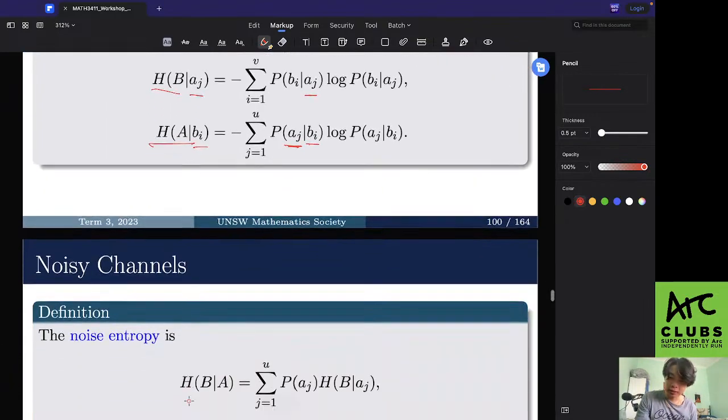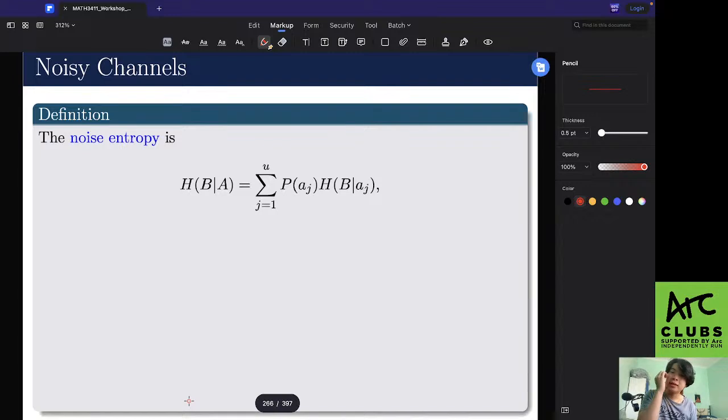And we can use this to find the noise entropy. You can think of it like the entropy of the output given that we know what the input is. And that's just the probability of sending out an AJ multiplied by the entropy of our output, given that we know that we just sent an AJ.